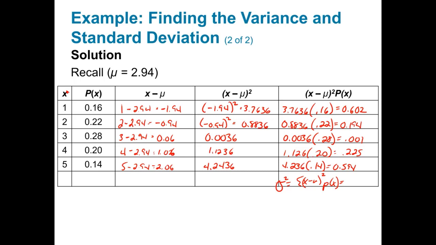You don't have to do anything else to get the variance. So if we add up 0.602, 0.194, 0.001, 0.225, and 0.594, you should get, or somebody tell me, what do you get for that one? So that is your variance. Your variance is 1.616.